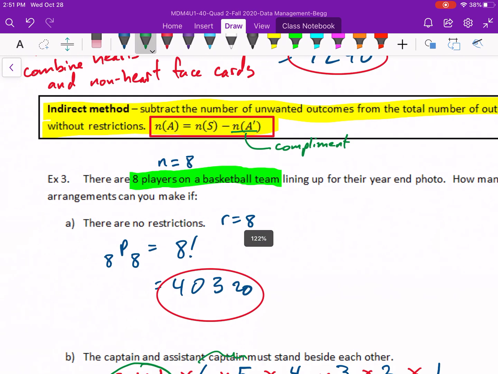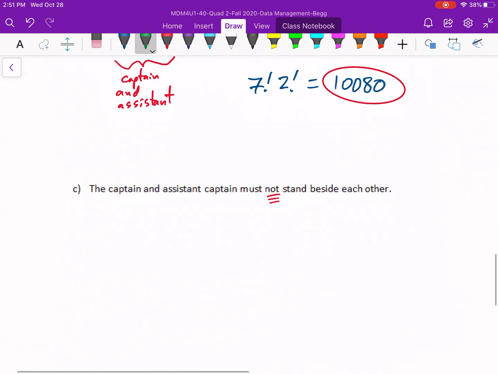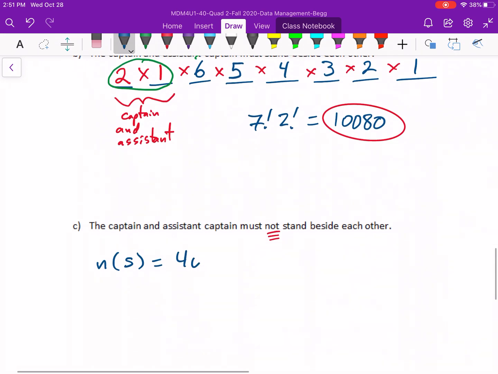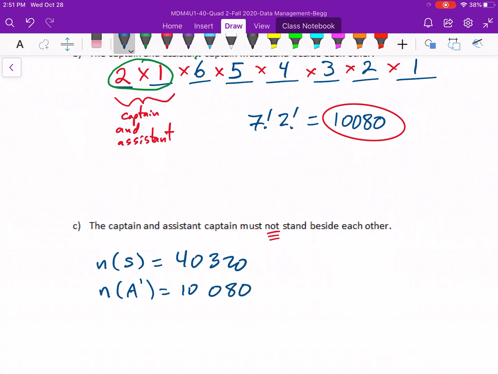So in this case, we know that n of s, the total number of ways of arranging anybody on the team, is part A. It's the 40,320. And we don't want the captain and the assistant together. So that's actually what we calculated in part B, because we did figure out how many ways the captain and the assistant could be together.